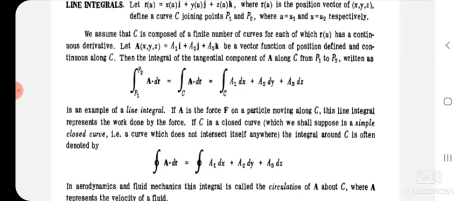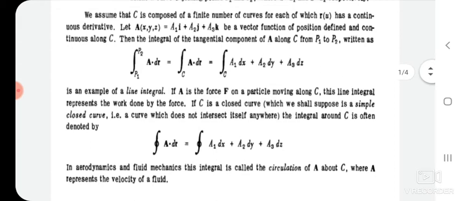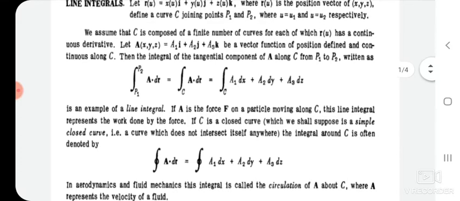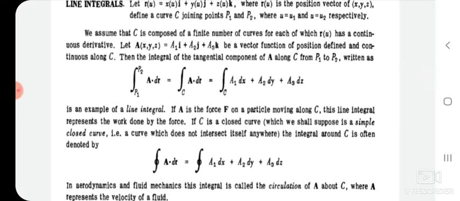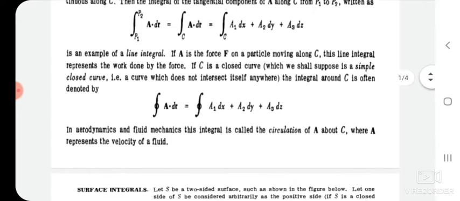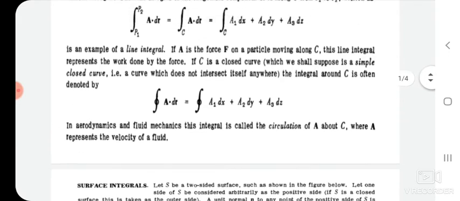In aerodynamics and fluid mechanics, this integral is called the circulation of a vector A about C, where A represents the velocity of that fluid. This means the mathematical term line integral can be used in different subjects. That's why it is an important term we have to understand.